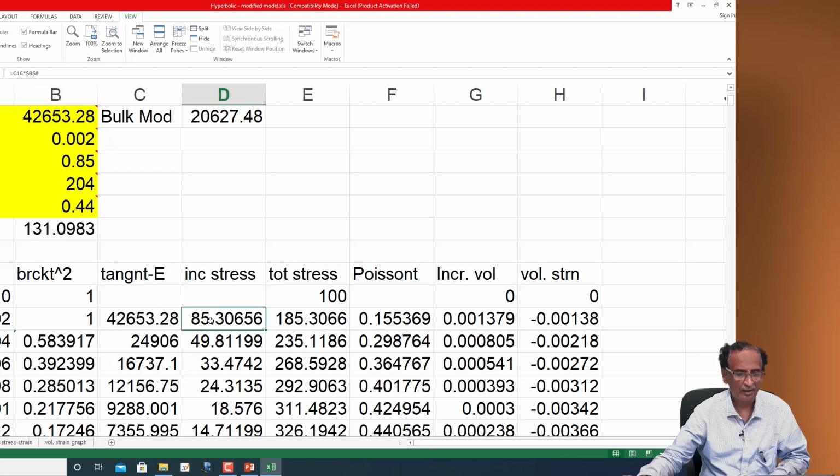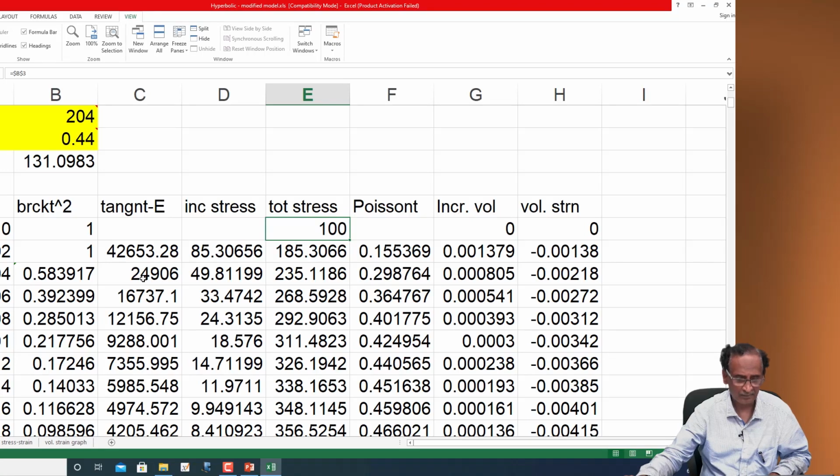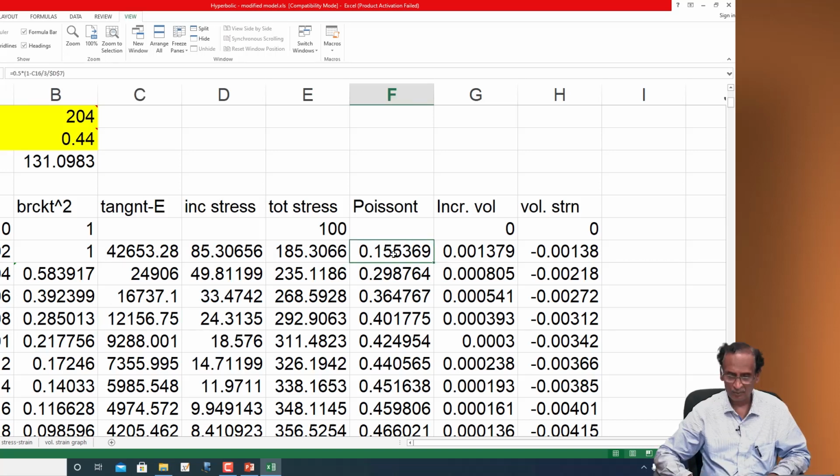So basically, if you see this equation, C16 times B8, B8 is 0.002 and C16 is 42,653, and the incremental stress, and then the total axial stress is the previous stress, 100, plus 85, 185. As you go along, your tangent Young's modulus goes on reducing, and your Poisson's ratio, initially it's about 0.166, then it has increased to 0.298, 0.364, and so on.